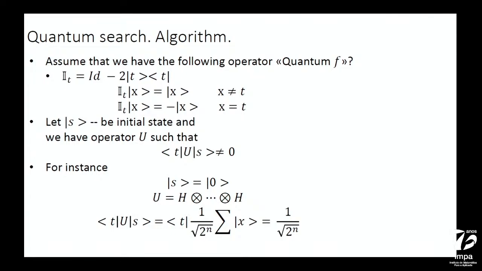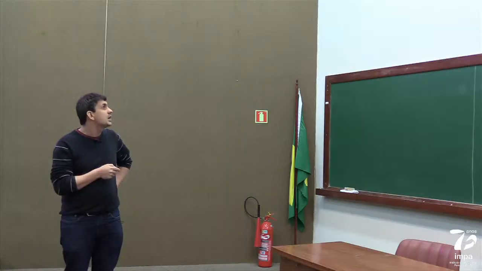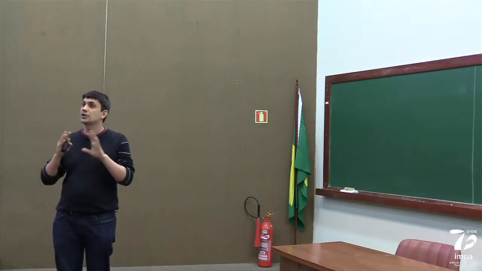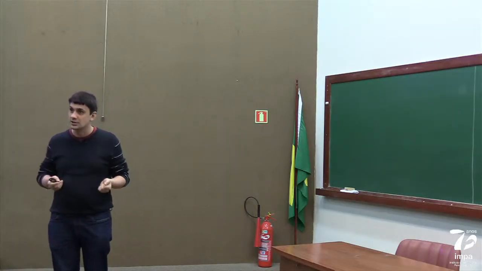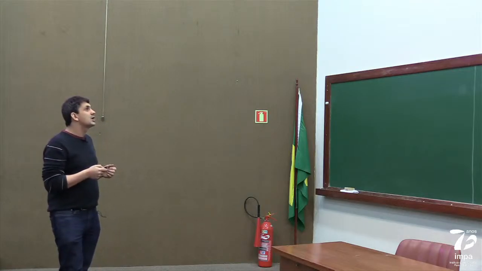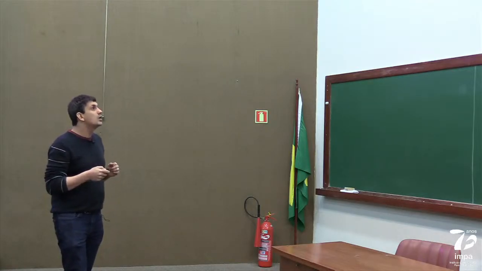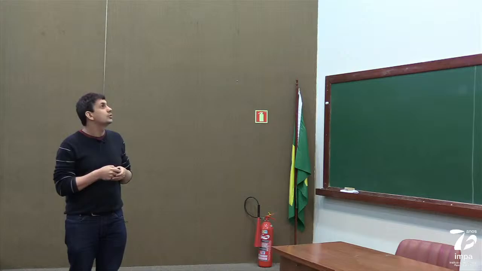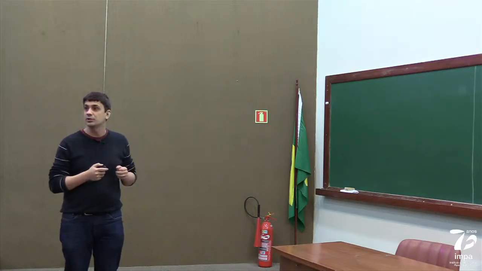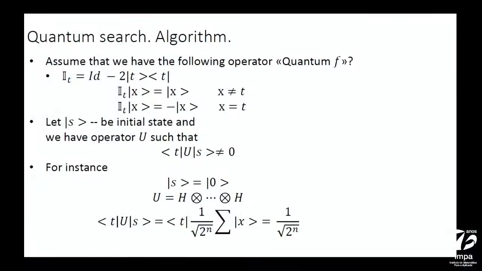Once again, I will need one more thing. I will need S, some initial state, to which I know how to put my system. And I need some operator U with the following properties. The scalar product between t and U applied to S should not be 0, and I should know this value.